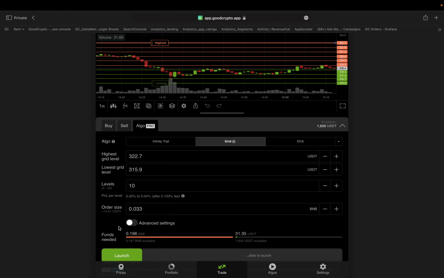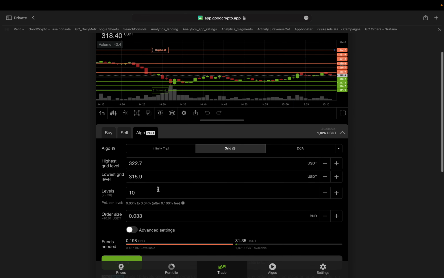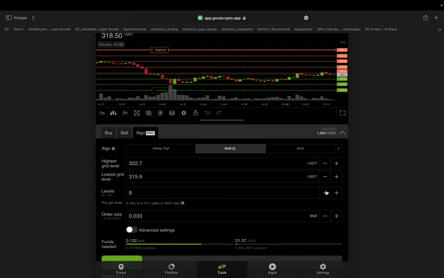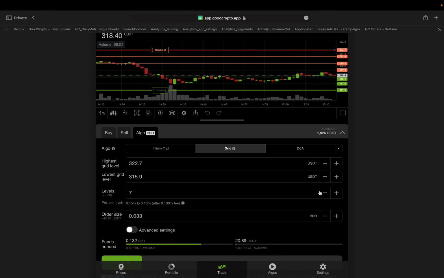That's a very important thing to remember, because the last thing you want is to launch your grid on a spot instrument on an exchange like Binance that charges fees in base currency, have it run for a while, and then run out of the base currency to pay the fees, and have it kicked out and closed in the middle of the process.